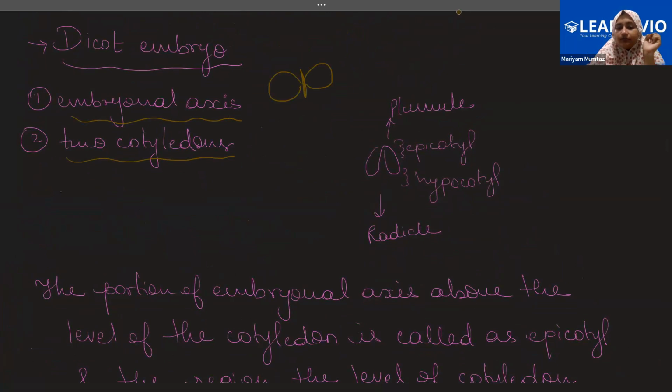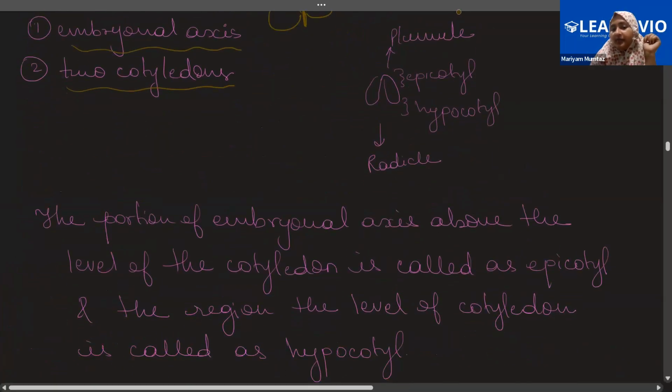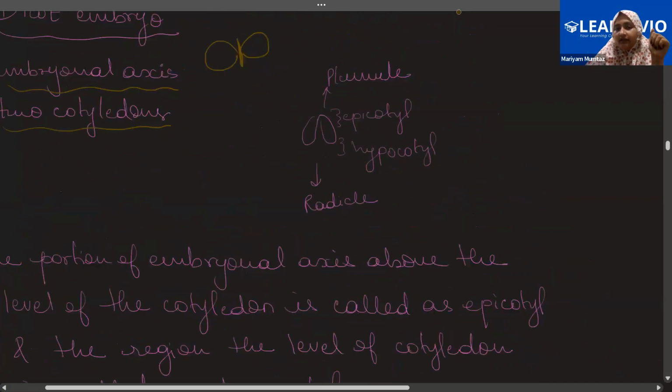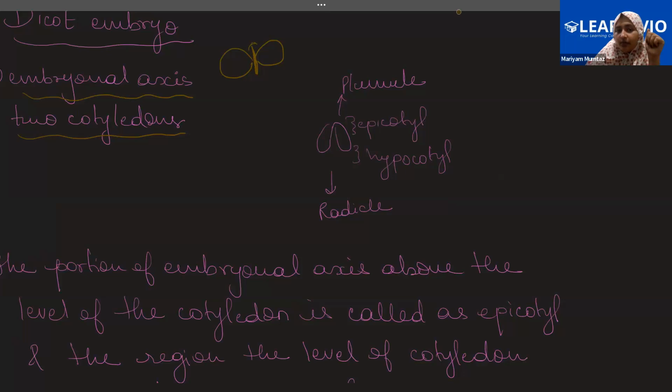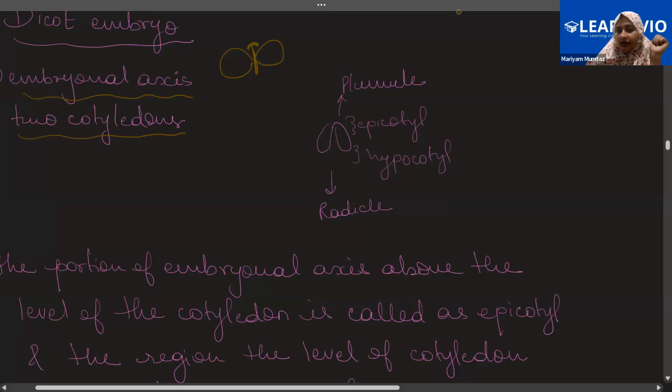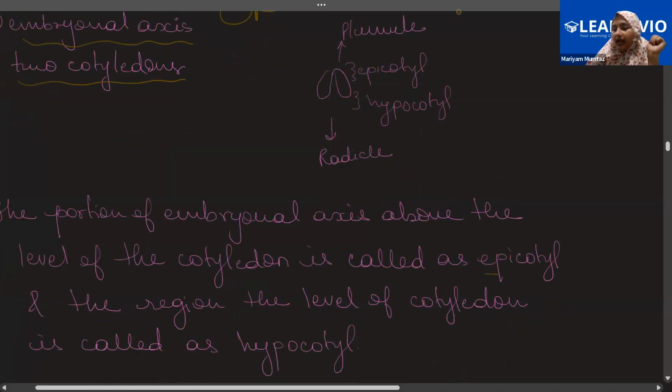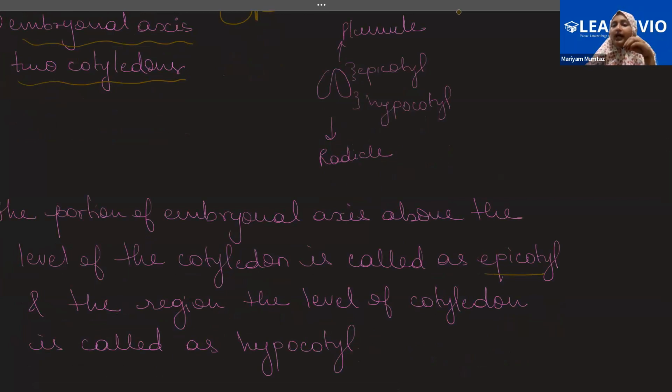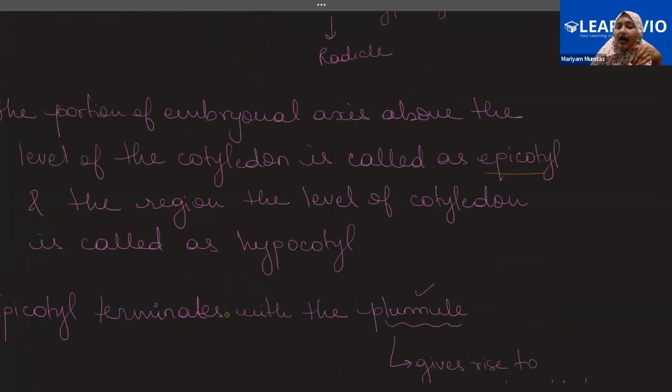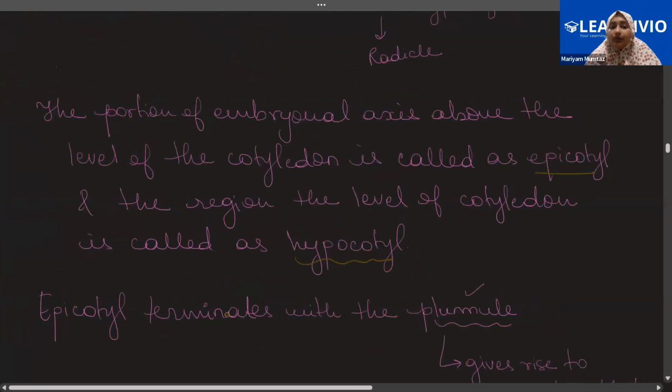Now, the portion of embryonal axis above the level of cotyledon, meaning if cotyledon is here, so this portion above the level of cotyledon is known as epicotyle. Epi means up, on, and cotyle is referring to the cotyledon. And the region which is below the level is known as hypocotyle. You remember hypogynous, epigynous, perigynous? Remember? So epi means up, hypo means below. So these are the two regions.